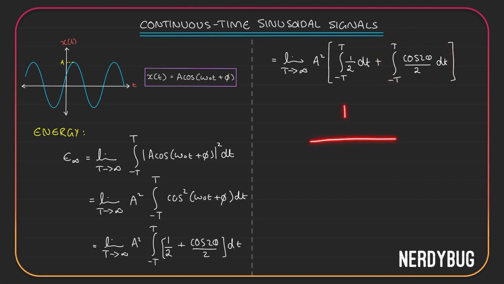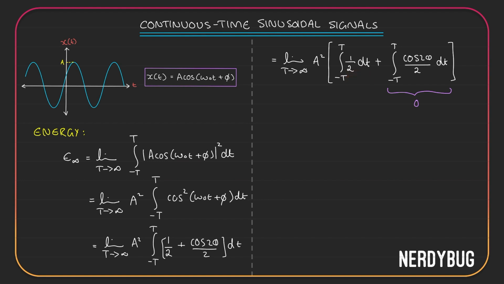Cos, as we know, looks like this, right? It has a positive half cycle and a negative half cycle. Again a positive, again a negative. So if you integrate the whole thing, you get the whole area. You have positive and negative equally. It will get cancelled. Integral of cos theta over a period is always going to be 0. So this part will simply be 0. All we have to find out is integral half dt, which is just half t.